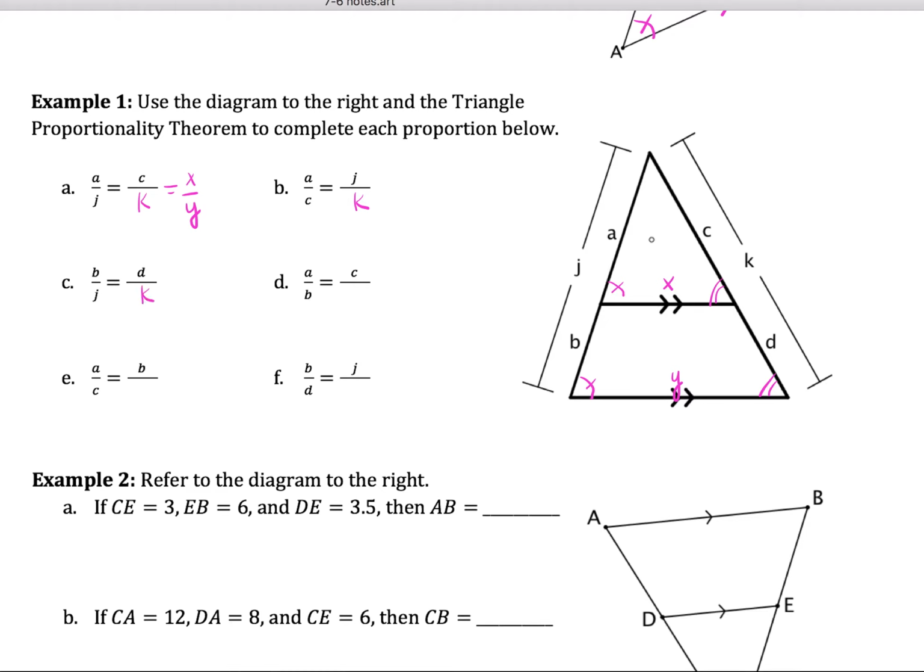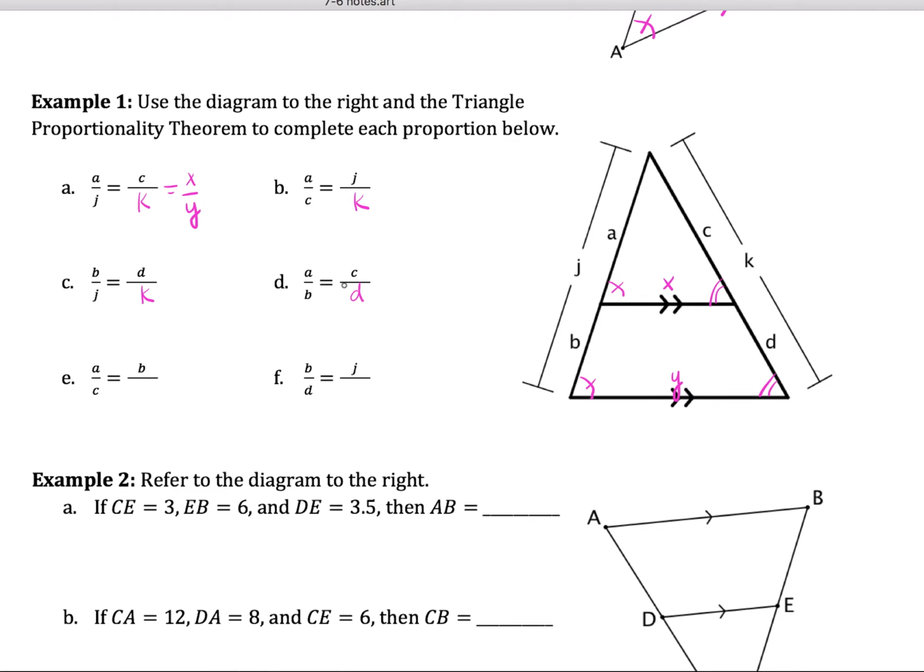A over B, this is pretty much the triangle proportionality theorem stated, that the top part of this side of the larger triangle compared to the bottom part would equal C over D. So there's a D right there.